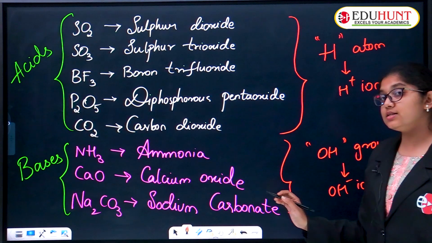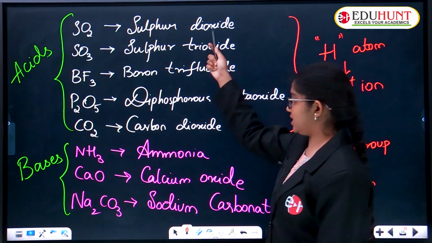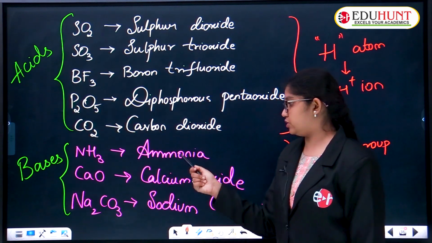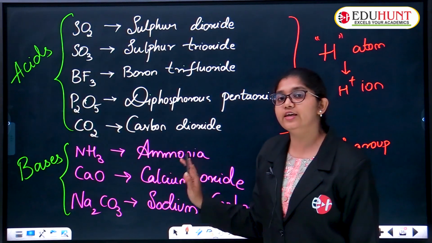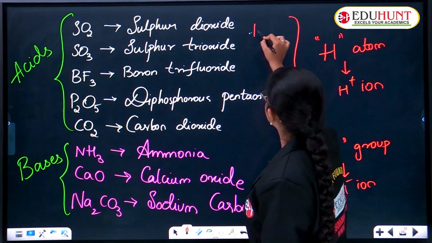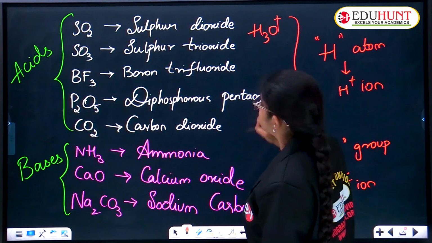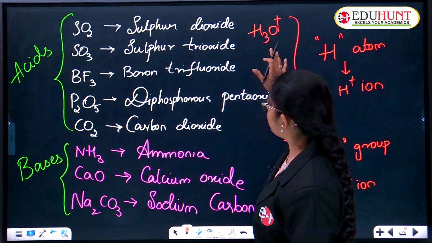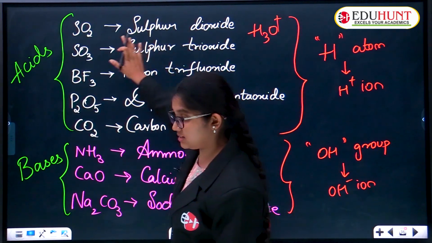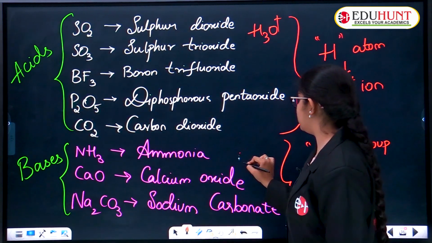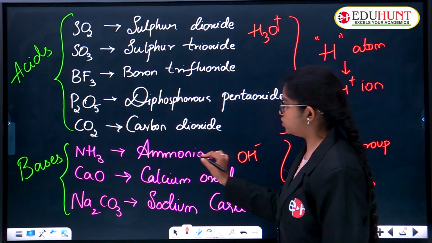But if there is the addition of water to them, for the acids the addition of two water molecules and for this the addition of one water molecule, they give rise to H3O plus, hydronium ion. That concentration is regarded as acid, and for bases, if they liberate OH minus ion, they are bases.